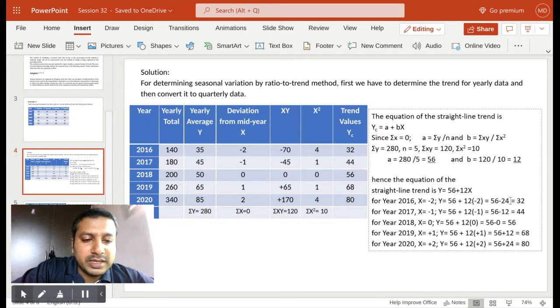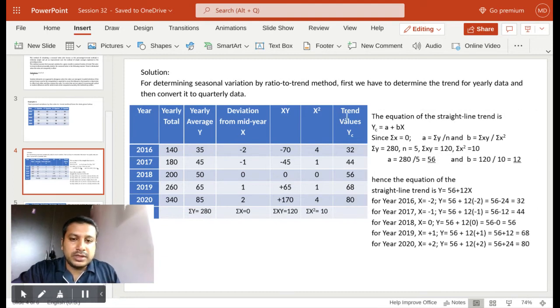So 56 minus 24 is 32. Then 56 plus 12 into minus 1, that is minus 12, you'll get 44. Then 56 plus 0, 56. Then 56 plus 12, 68. Then last one is 80. So these are the trend values: 32, 44, 56, 68, and 80.